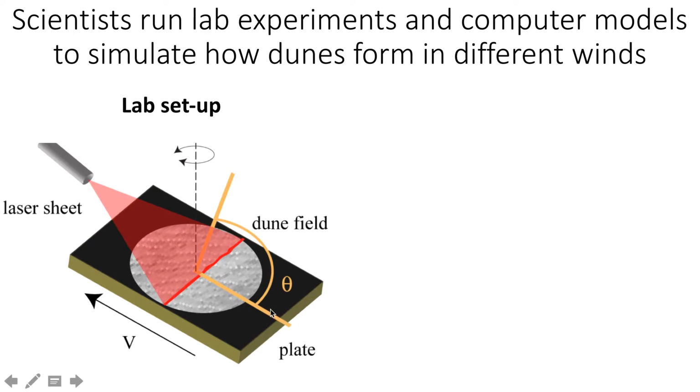So you might have it here to start with, so the wind is coming from this direction, and then you rotate it around so that the wind is coming relative to the sand pile from this direction. So you can vary the angle and also the strength of the wind coming from different directions. And this is done underwater, so it's really water flowing over the dunes rather than air.